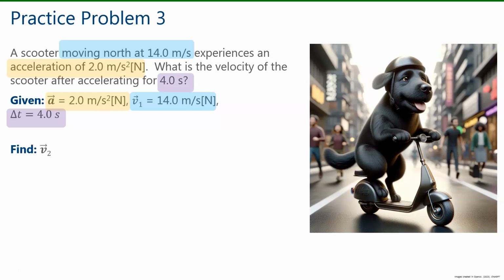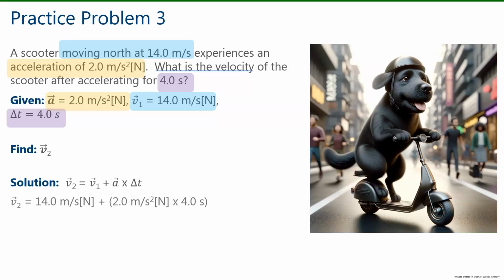We're asked to find the final velocity. What is the velocity of the scooter after this period of acceleration? For a solution, your first thing you should do is write down the equation for final velocity, v1 plus acceleration times time. Next, put the information in the given into the equation. 14.0 meters per second north plus 2.0 meter per second squared north times 4.0 seconds.